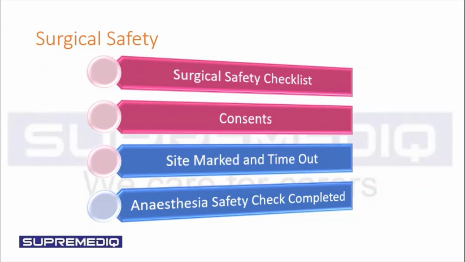Anesthesia safety check completed. A pre-anesthetic check is an essential requirement where the patient's comorbidities, unstable disease states, coagulation abnormalities and medications are highlighted and optimized prior to surgery. Awareness of anesthetic complications has led to a massive decrease in the number of anesthesia-associated deaths.